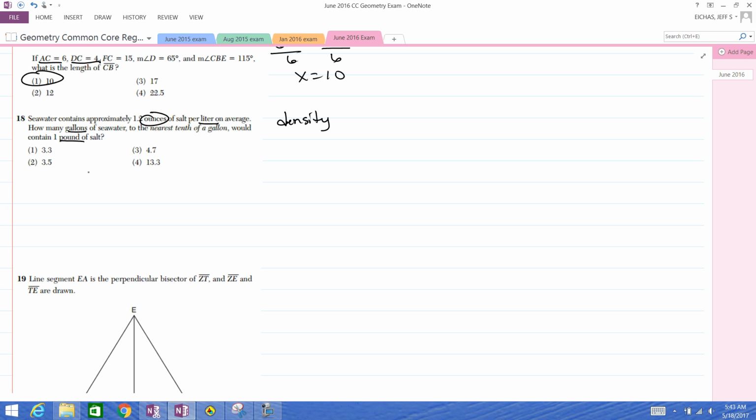What we first want to do is look up these conversions. They're on the formula sheet. You have to know where to look for them. So when I look on the reference table, what they have is, let's see, 1 pound is equivalent to 16 ounces. That's one conversion we're going to use.